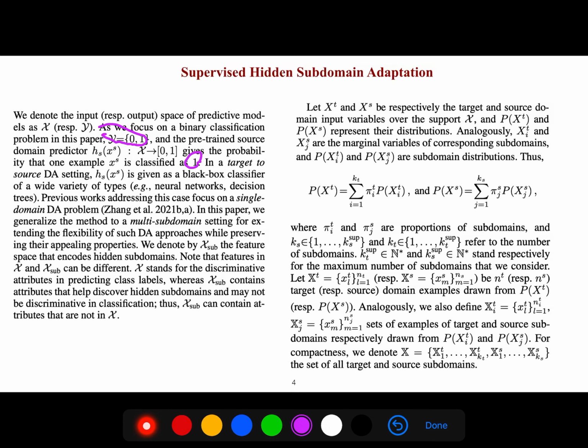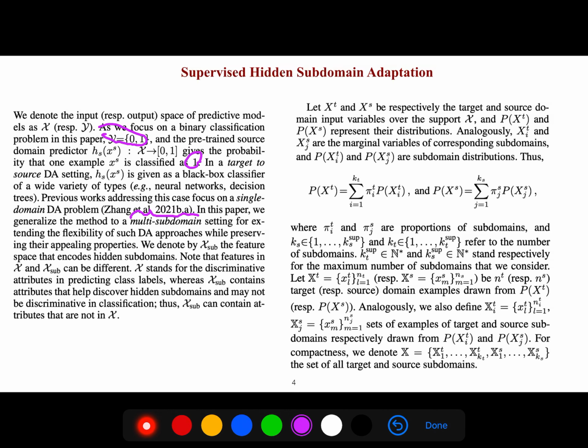So in this paper, we generalize the method to a multi-subdomain setting for extending the flexibility of such domain adaptation approaches while preserving their appealing properties. We denote by X sub the feature space that encodes hidden subdomains. Note that features in X and X sub can be different. X stands for the discriminative attributes in predicting class labels, whereas X sub contains attributes that help discover hidden subdomains.